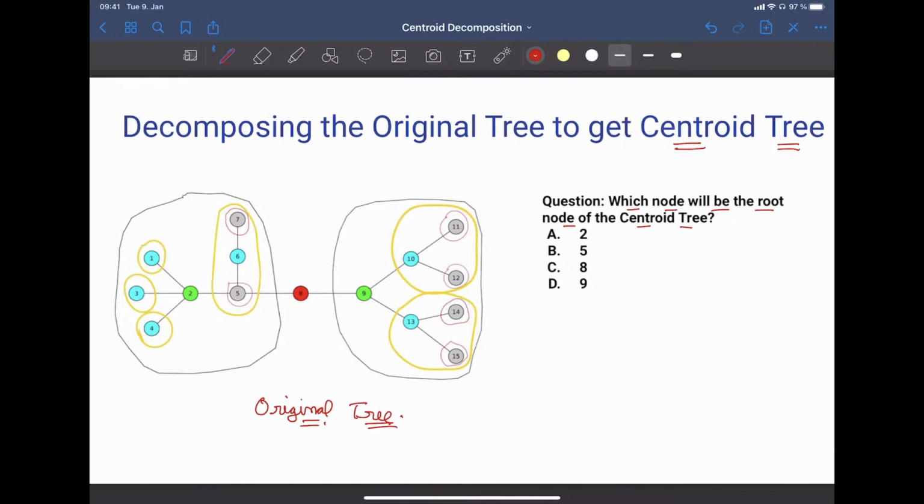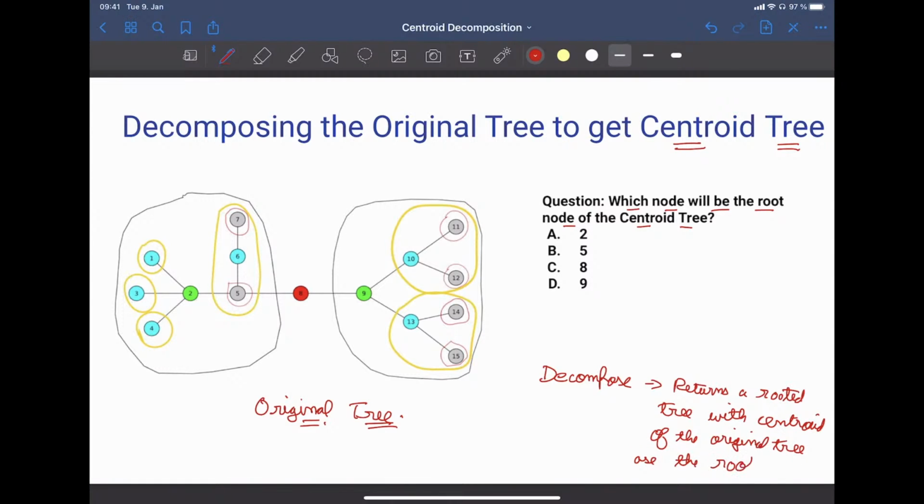Notice that I've told you that the root node is always the centroid of the given component. So whenever you call decompose, it returns a rooted tree with the centroid of the original tree as the root.